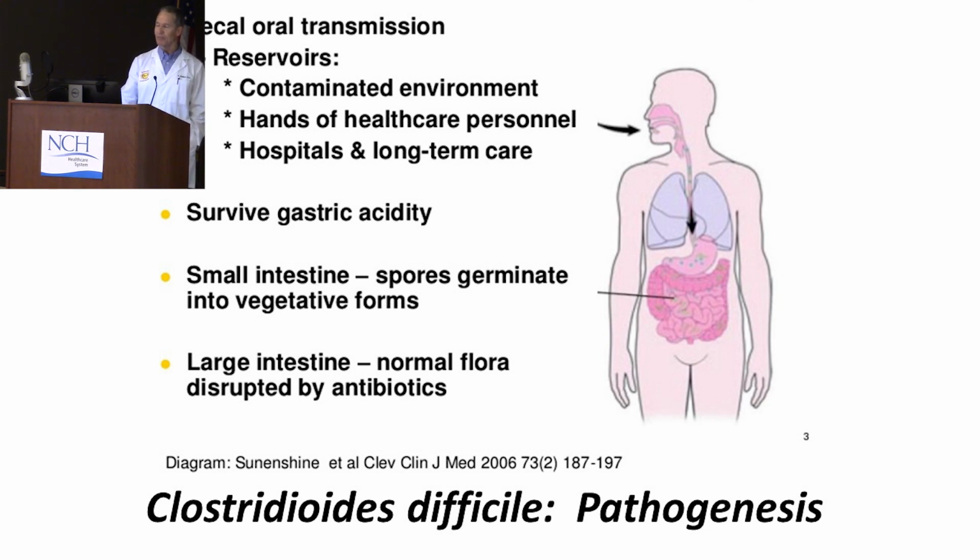So the spores can survive the gastric acidity, but the microorganism cannot. In the small intestine, the spore germinates, and in the large intestine, the spore can activate. Now, it can germinate, and if it finds an environment that's favorable for it, that is to say, an altered microbiome, it can actually change into a vegetative state.